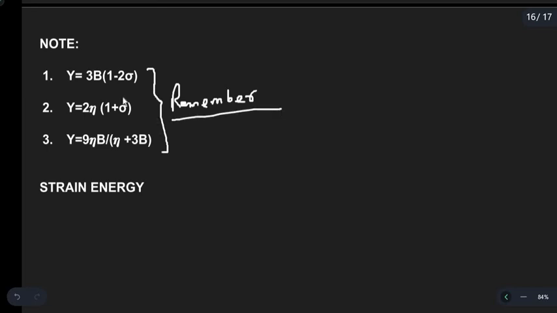Sometimes these formulas are actually very useful if you want to do a problem in a very small time. अब बहुत शॉर्ट पीरियड ऑफ टाइम में अगर प्रॉब्लम को करना चाहते हो तो यू शुड रिमेम्बर दिस formulas, दिस इंटर कन्वर्जन formulas. This will prove to be useful. Okay, so it's up to you. Next I'll get into strain energy.